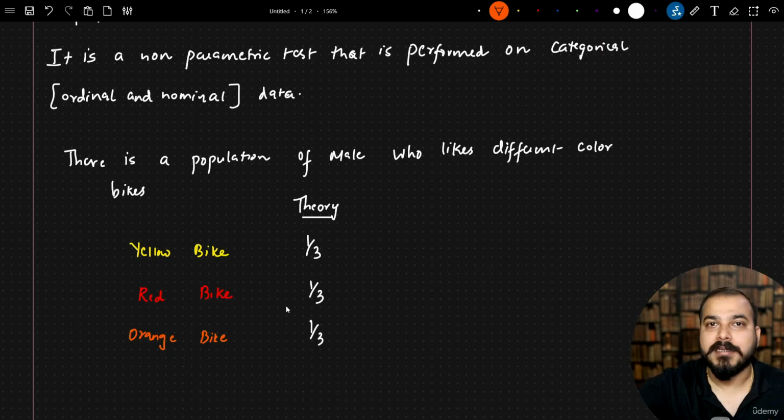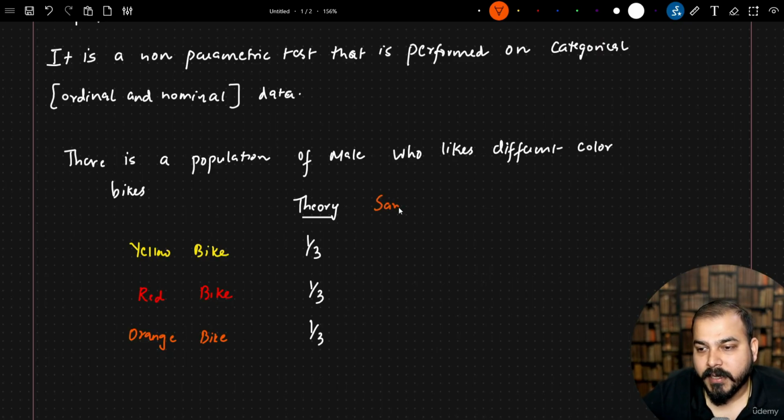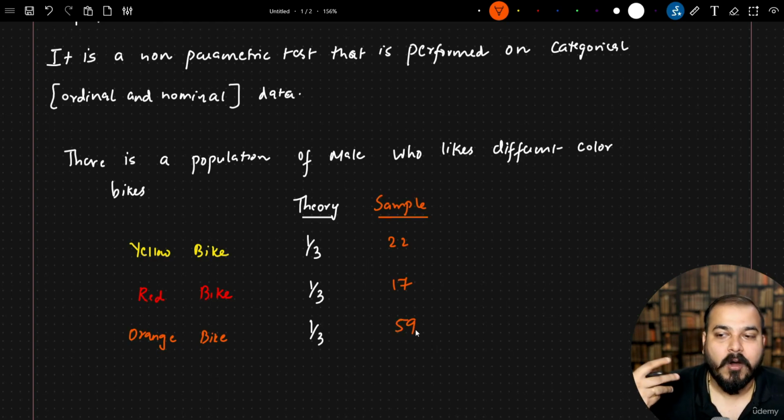It says that 1/3 of males like the yellow bike, 1/3 like the red bike, and 1/3 like the orange bike. Someone made this theory. Then they collected a sample and found that 22 people like the yellow bike, 17 people like the red bike, and 59 people like the orange bike.